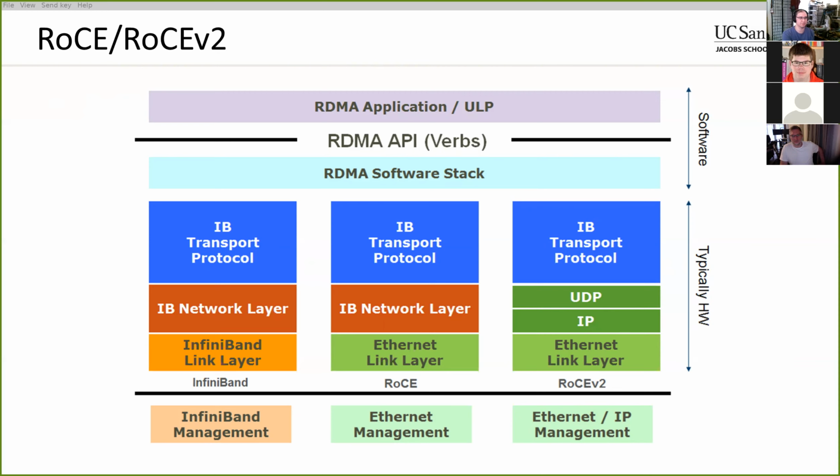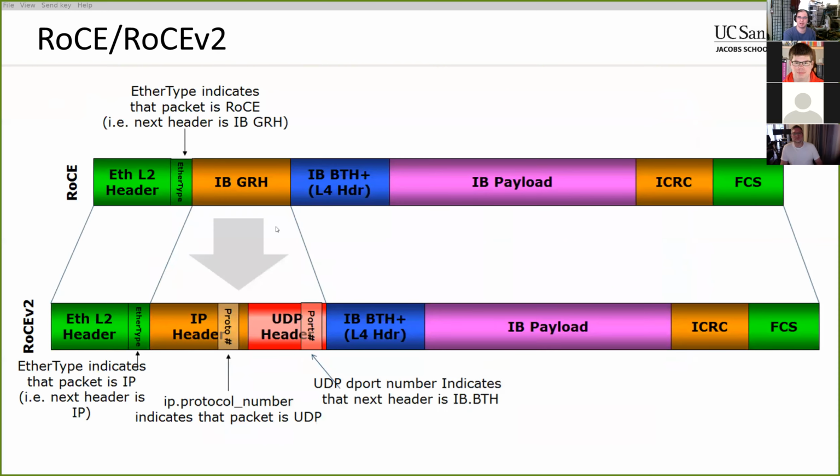Pretty straightforward. So what does this look like on the wire? Well, we have RoCE, we have RoCE v2. For RoCE v2, we have the Ethernet L2 header, the IP header, the UDP header, and then the InfiniBand BTH and extension headers, followed by the InfiniBand payload and the ICRC. And then the Ethernet FCS takes the place of the InfiniBand VCRC.